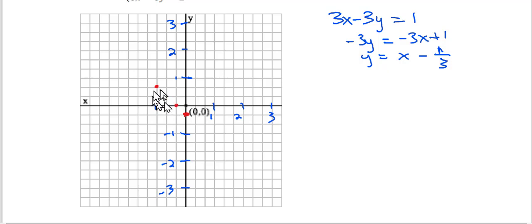Because the scale is equal, each of those marks is going to be equal, which is all you need if your slope is 1. You need the x and the y to be equal, right? The rise and the run. Okay, so that is the first line, the 3x minus 3y equals 1.